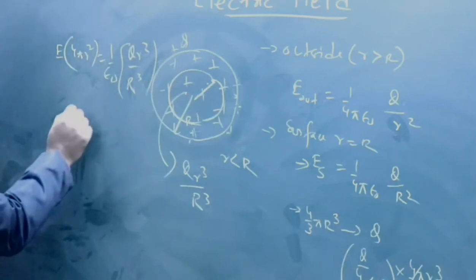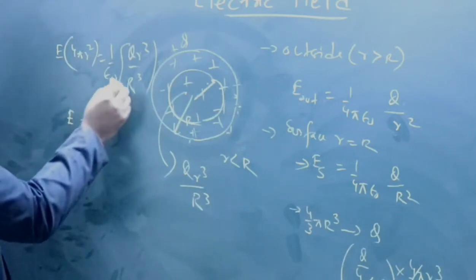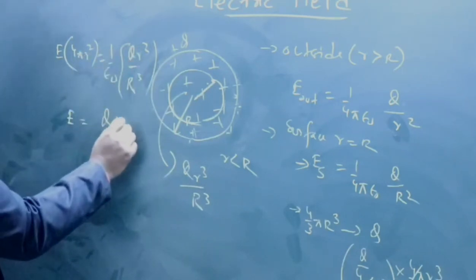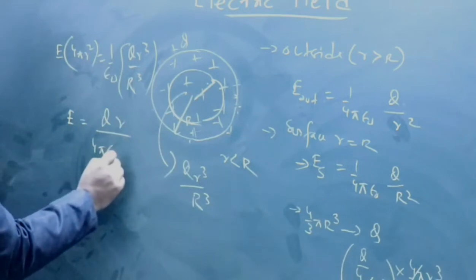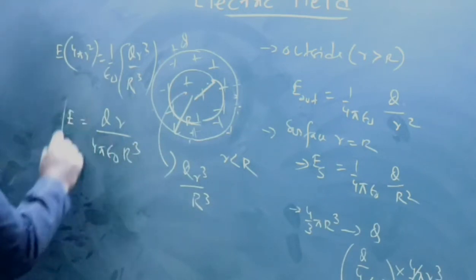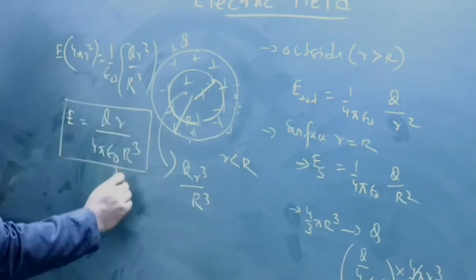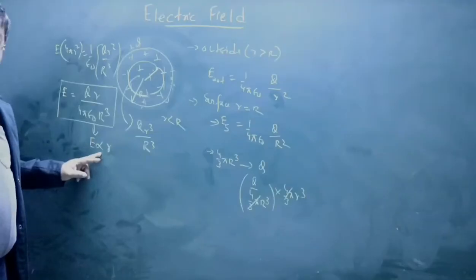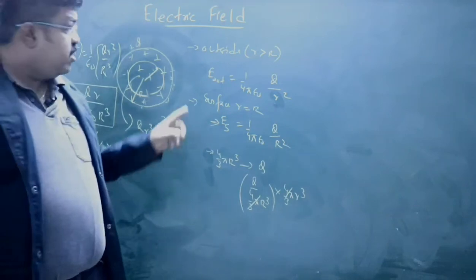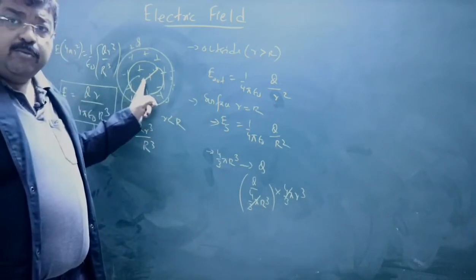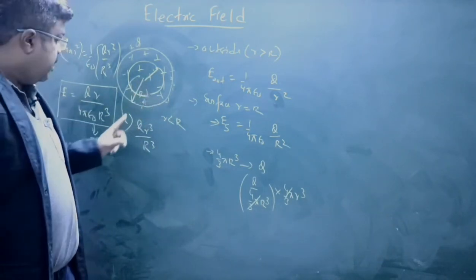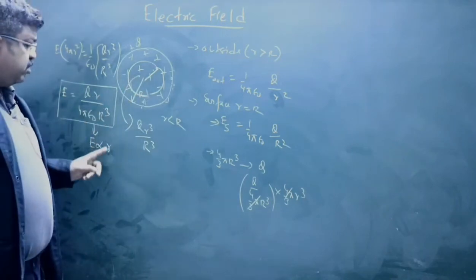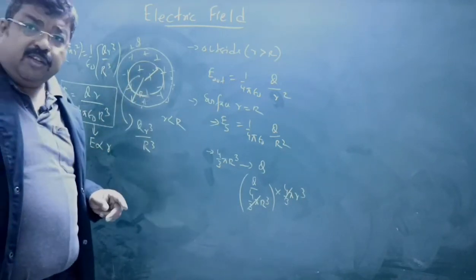So this gives E is equal to, this r square gets cancelled, Q r by 4 pi epsilon naught R cube. So this gives E is directly proportional to r. And what happens if you are at the center of the sphere? If the point of observation is at the center, r will be equal to 0 and the electric field intensity will be 0.